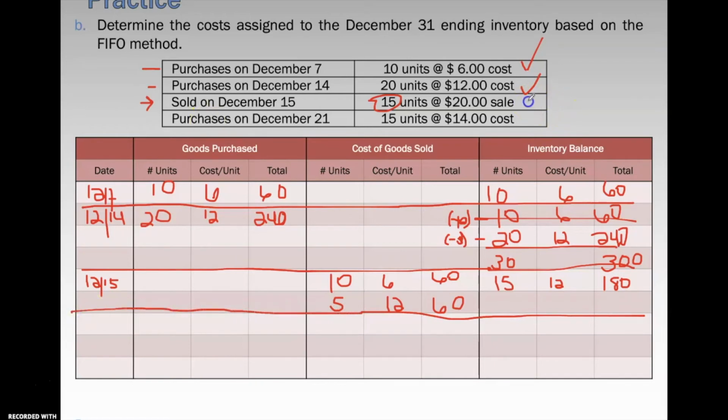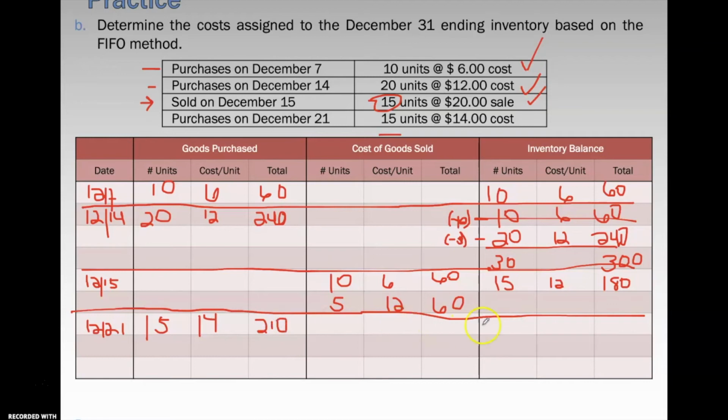Okay, that's all done. Now the purchase is pretty easy, 12/21. We purchased 15 units at $14 each, so 15 times 14. Once again, that should be 210.